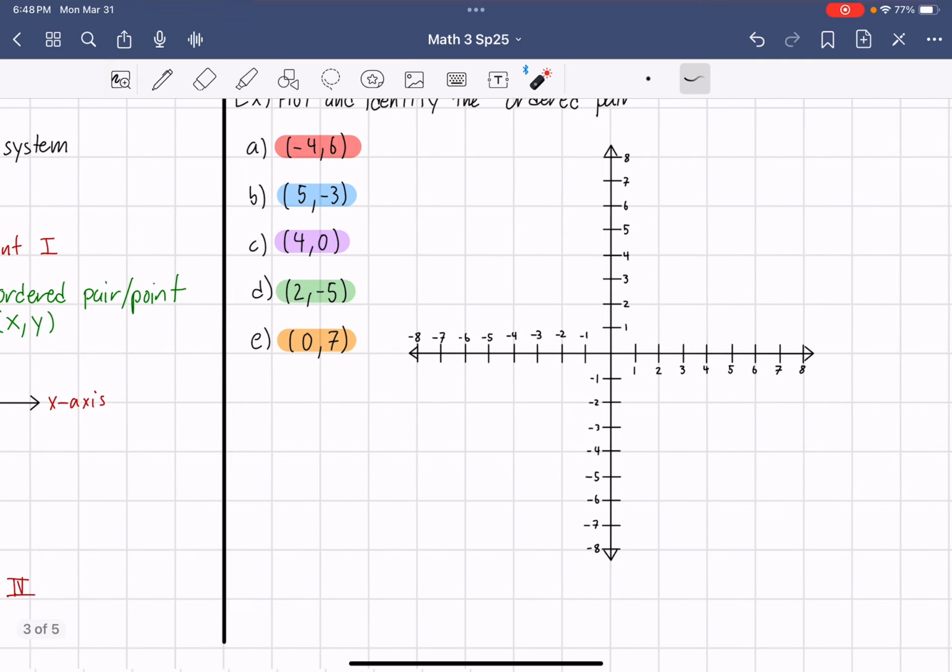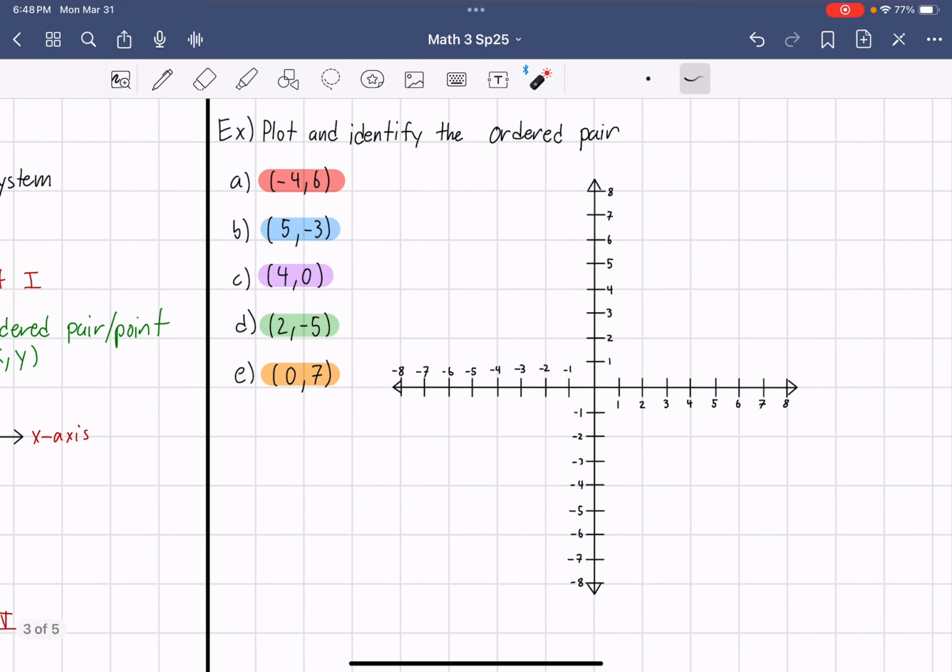And here's an example of plotting and identifying the ordered pair. Plotting just means you're going to put the ordered pair on a specific graph. Starting with the very first ordered pair, I always like to start in order. That's kind of using the name ordered pair. So I start with the x coordinate first, and I see that it's a -4, meaning I always start at the origin. I'm going to go to -4 for my first number.